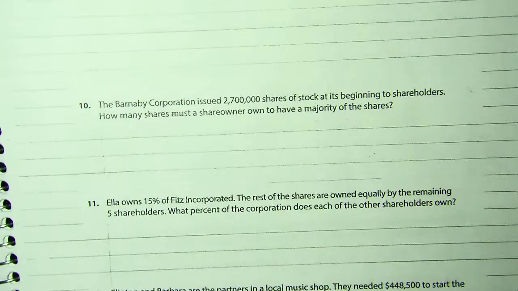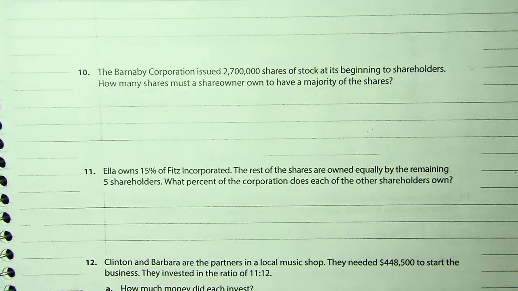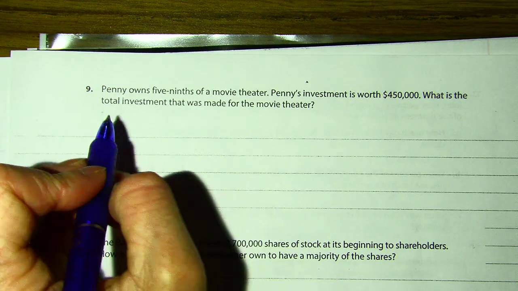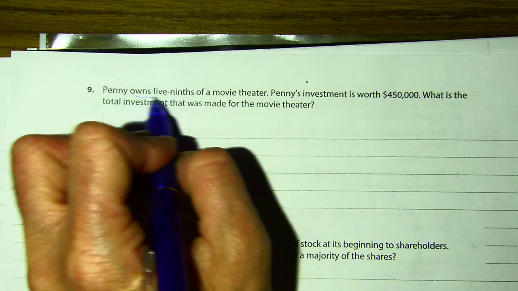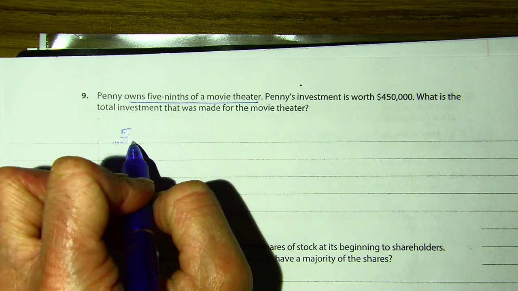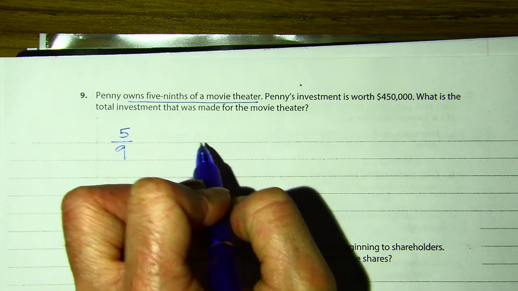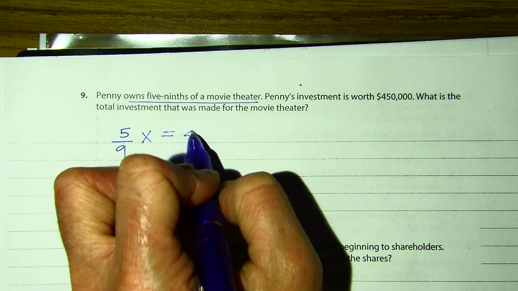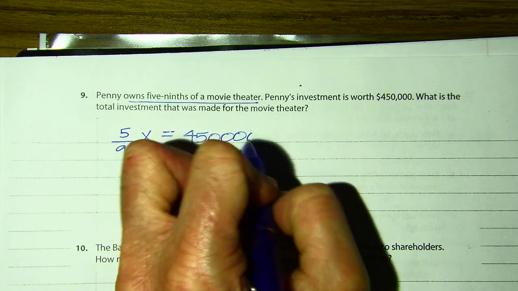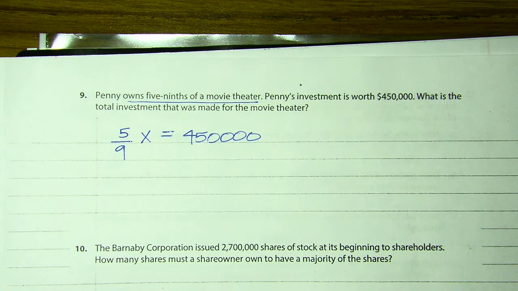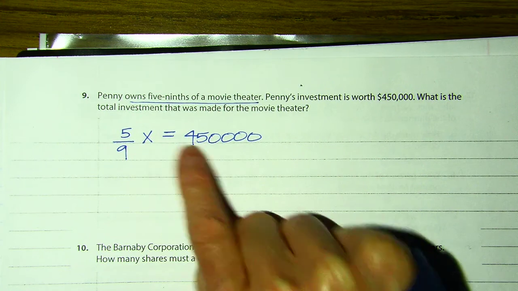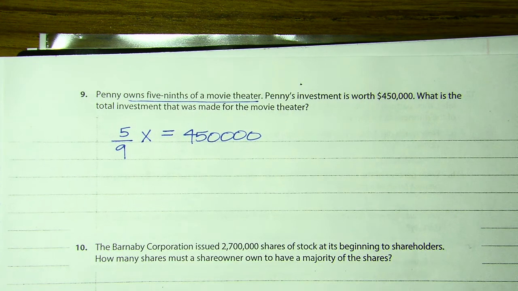This is another one. These are kind of repetitive, so we can go over number 9 quickly. Penny owns 5/9 of a movie theater. Penny's investment, so 5/9 of something, is worth $450,000. What is the total investment that was made? So she made 5/9 of the total, and that 5/9 equaled $450,000.